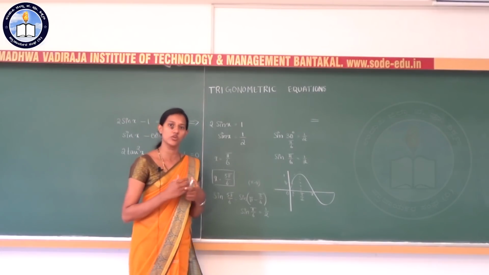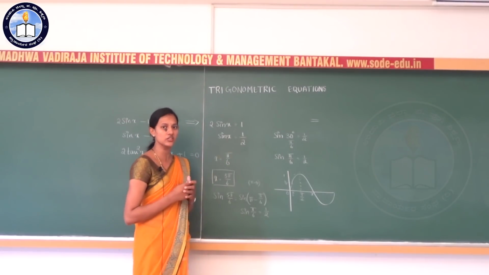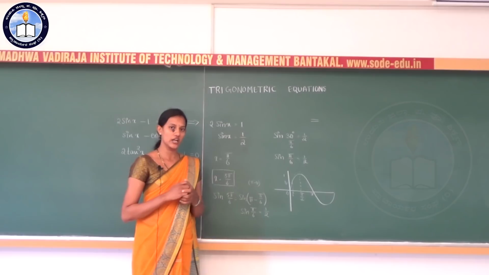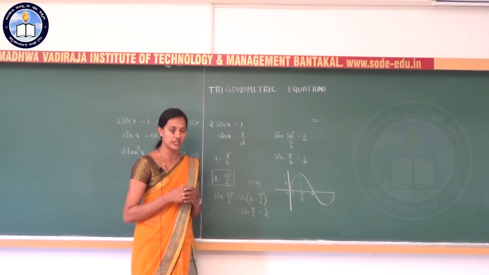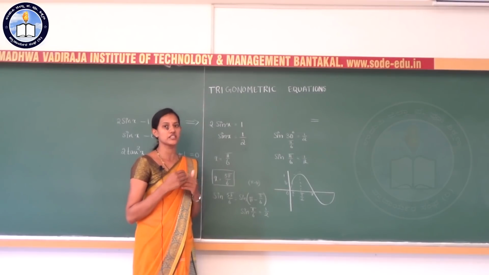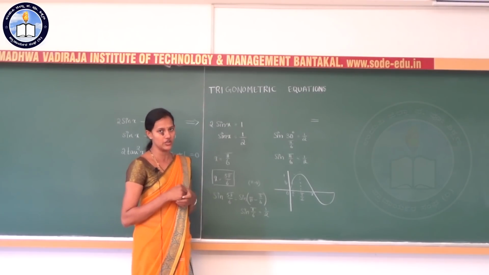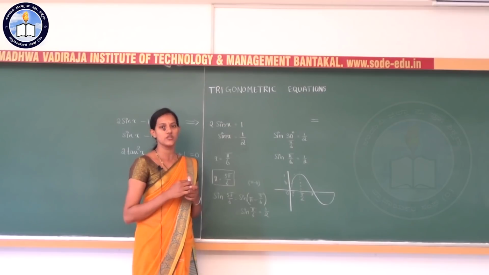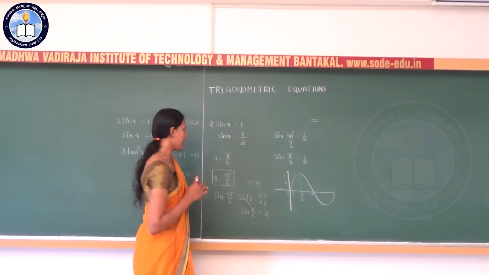Do we have some more solutions for this equation? Yes. We know that trigonometric functions repeat after one complete revolution. In fact, they repeat after every complete revolution. One complete revolution in the sense 2 pi.